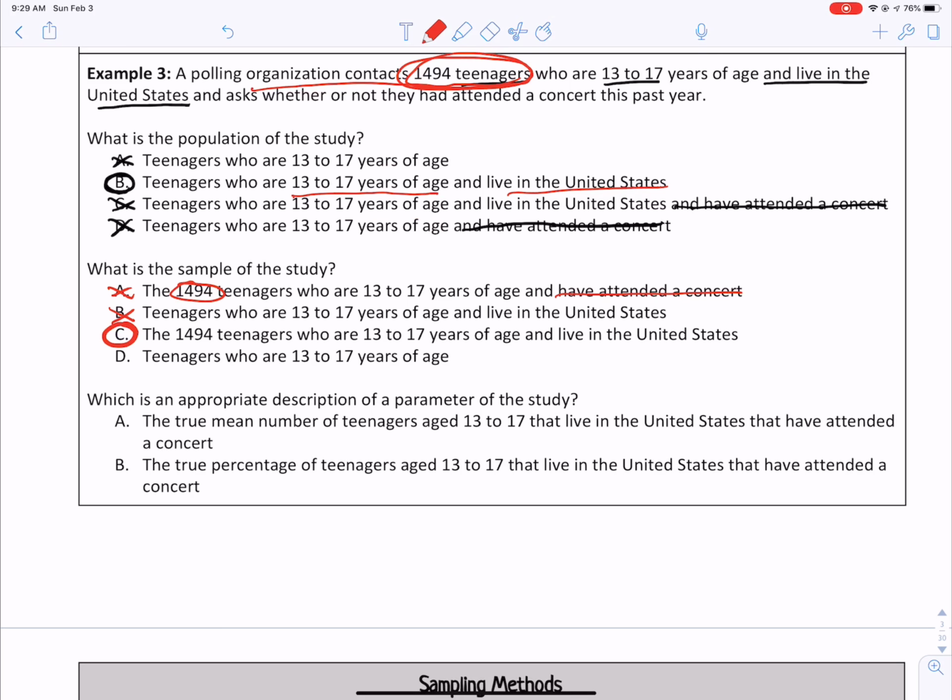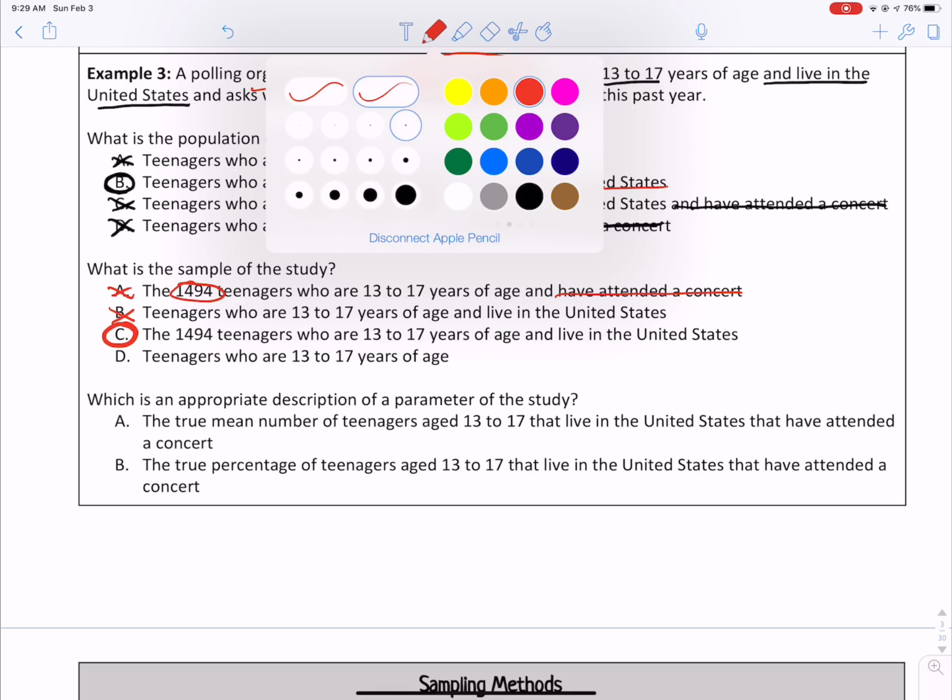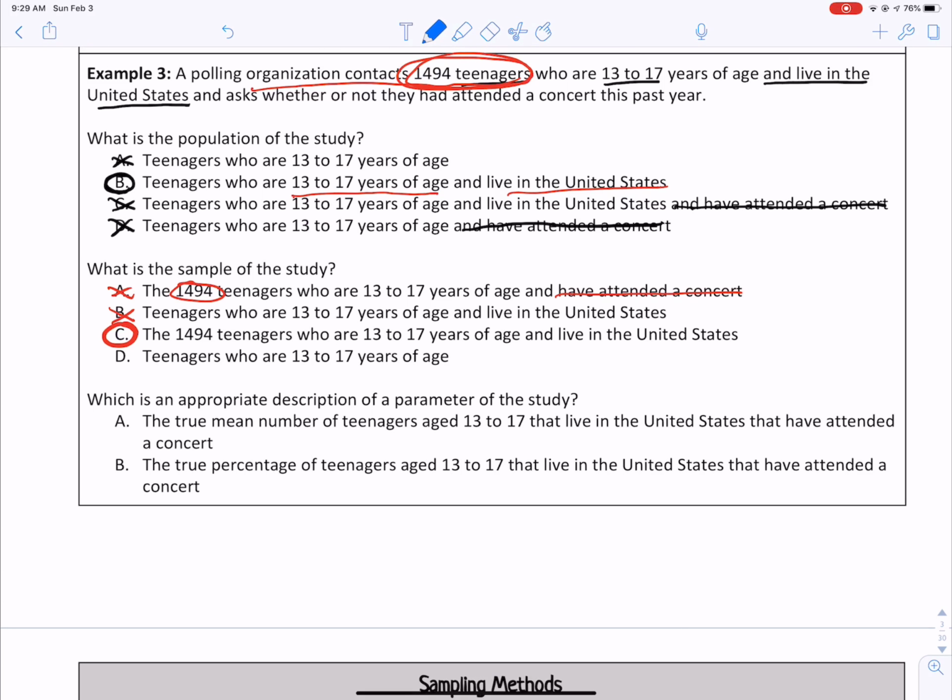And the last example, it says, which is an appropriate description of a parameter of the study? So this says option A is the true mean number of teenagers aged 13 to 17 that live in the United States that have attended a concert, or B, the true percentage of teenagers aged 13 to 17 that live in the United States and have attended a concert. So we could find out either one, actually.